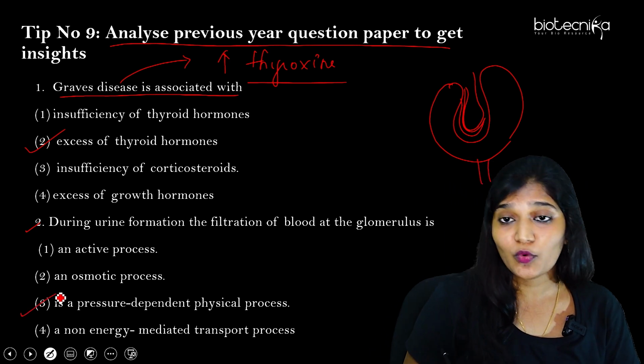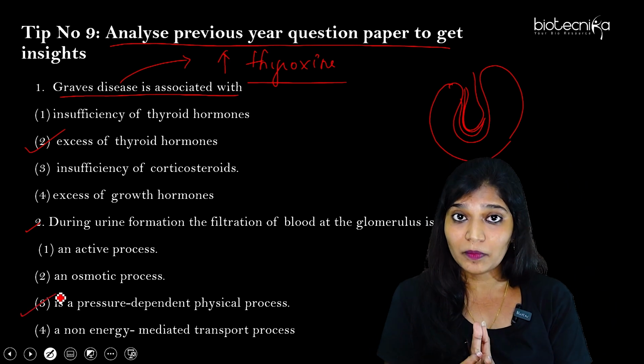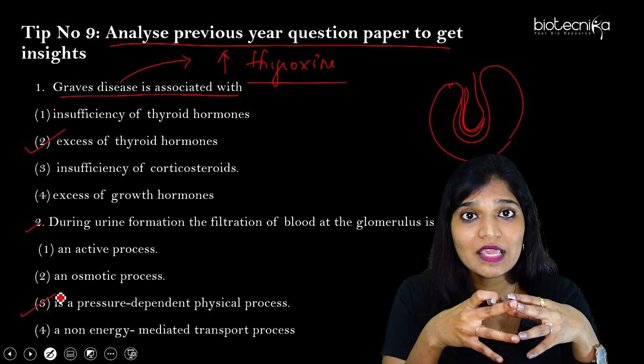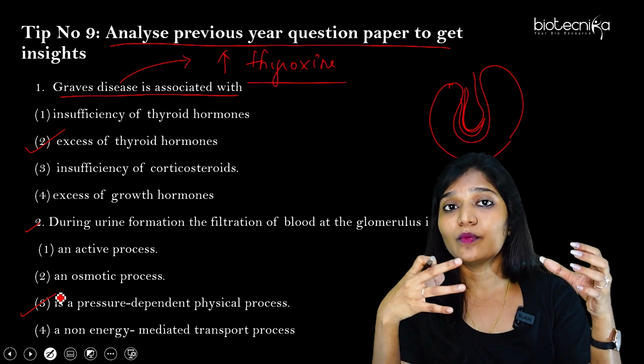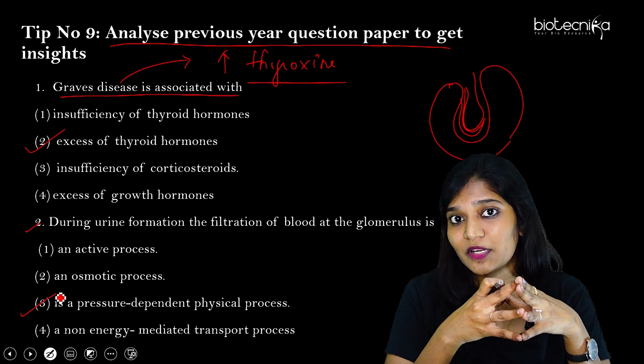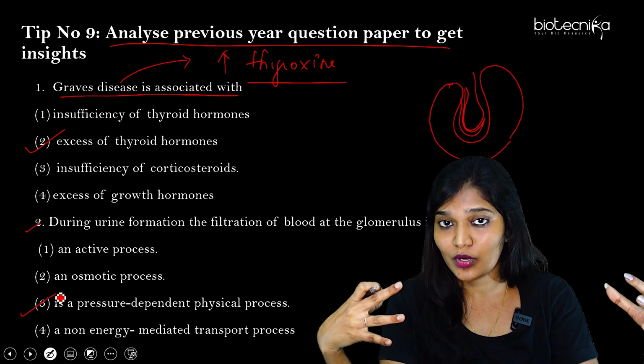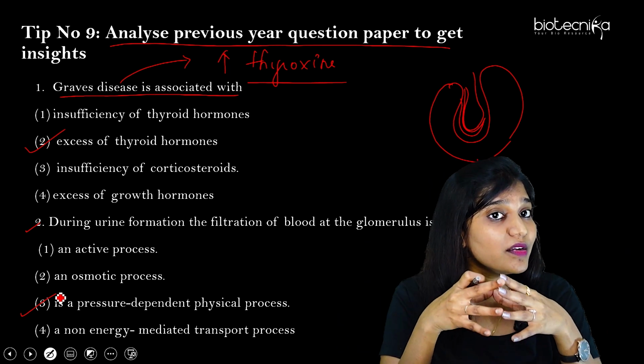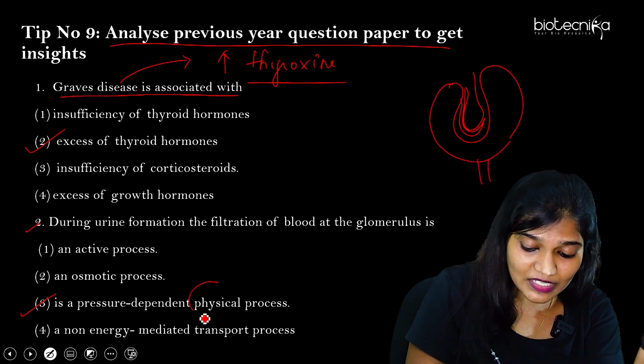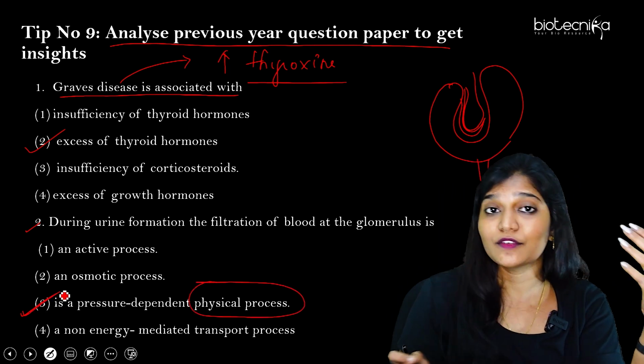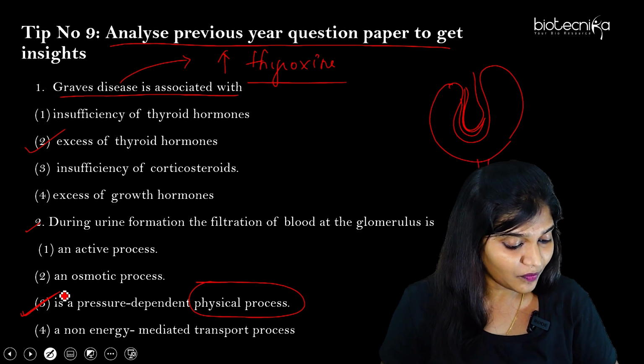The answer is pressure, where we'll be talking about the hydrostatic pressure seen in the glomerulus and the osmotic pressure, and also the hydrostatic pressure in the Bowman's capsule. So it is pressure dependent, which is also a physical process. So the answer for this question is going to be the third one.